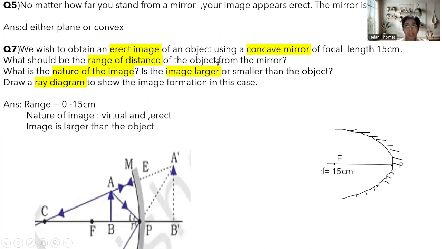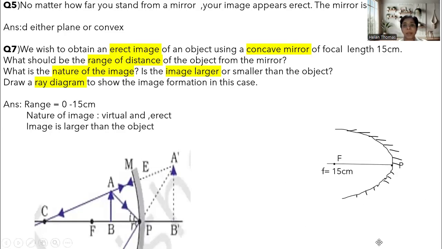See, you have a concave mirror and it is given that the focal length is 15 centimeter. So you want an erect image. A concave mirror will give you an erect image only when the object is placed in between F and P. So what is the range? P will be 0 as per the Cartesian sign convention. So 0 to 15 is your range.